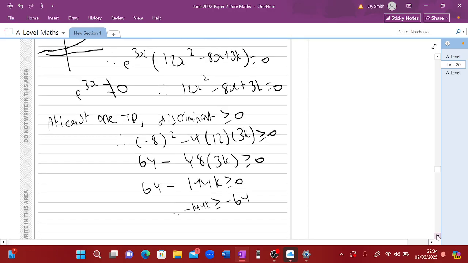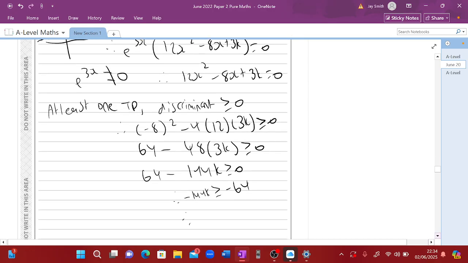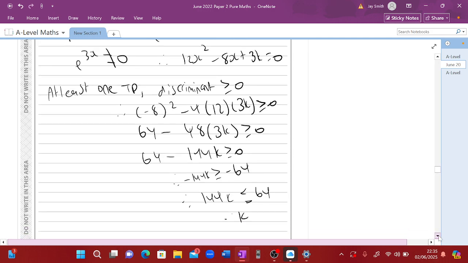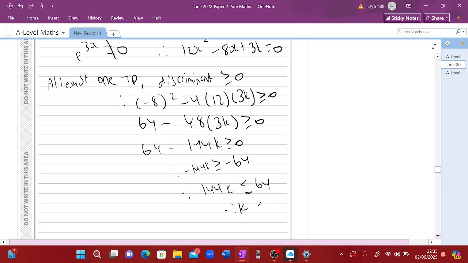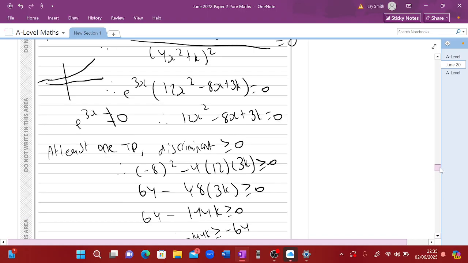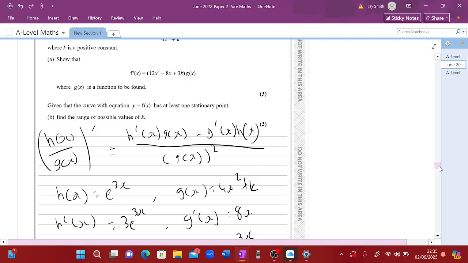Now what I'm going to do is divide by minus 1, but bear in mind the inequality will flip, because if you multiply or divide by a negative, you have to flip the sign. So 144k is less than or equal to 64, therefore if you divide by 144, you get 64 over 144, which is 4 over 9. So that's our solution. But let's check the question one more time. Find the range.